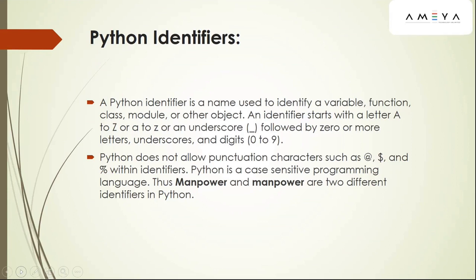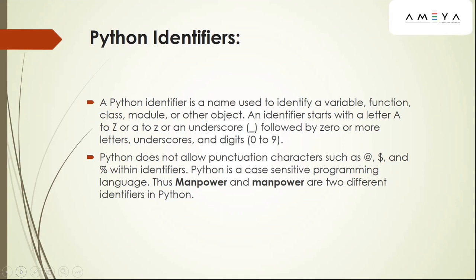In any programming language, there is an identifier. In Python, an identifier starts with a letter, capital A to capital Z or small a to small z. You can even start with an underscore, like _value1, _value_a1. So you can give it like that, followed by zero or more letters, underscores, and digits.